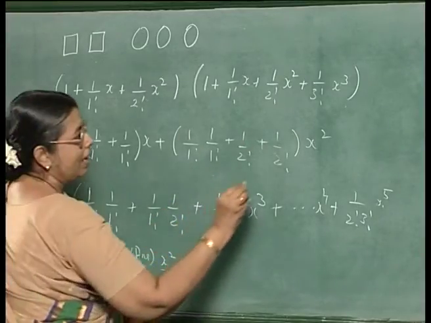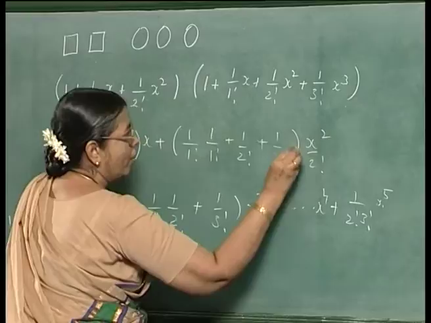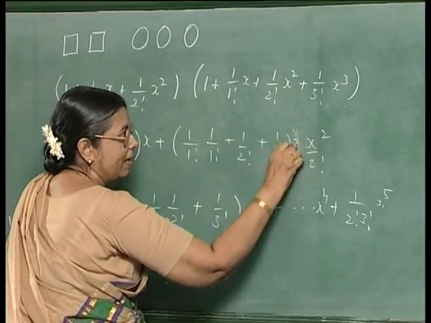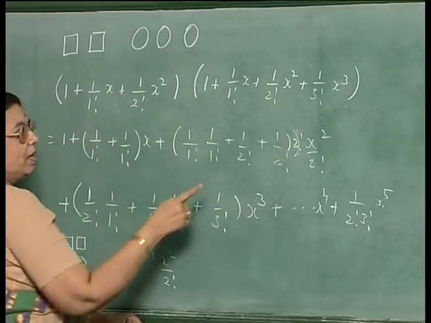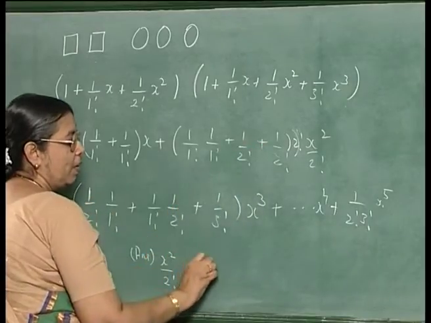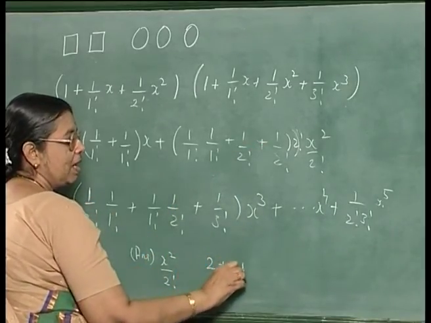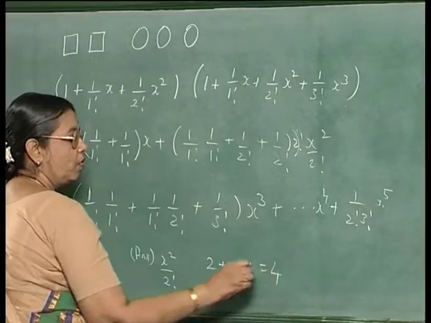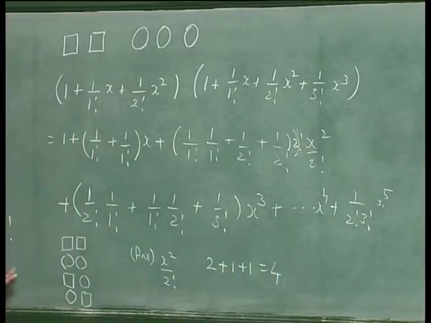So, if you write 2 factorial, you have to multiply by 2 factorial here. So, in that case, you get 2 plus 1 plus 1, equal to 4. So, that verifies this.